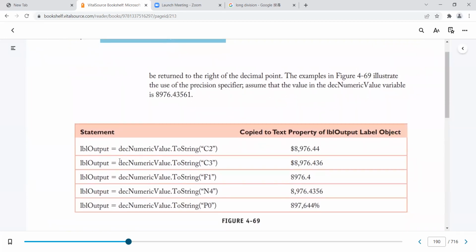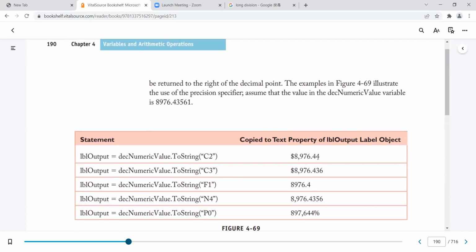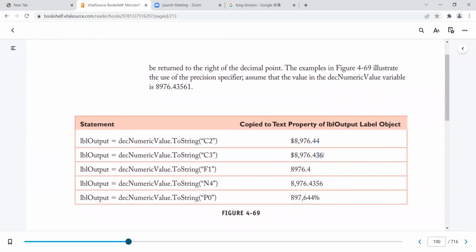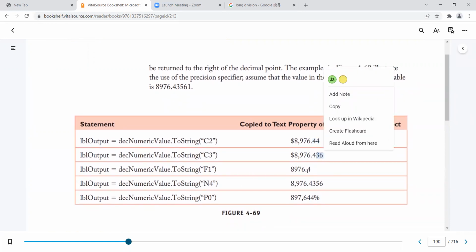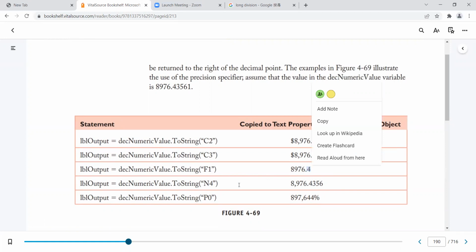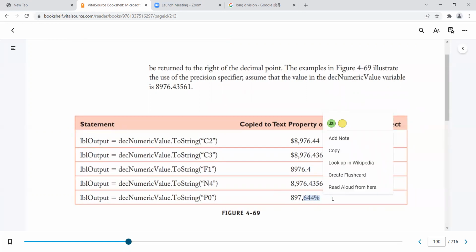See, LBL output decimal numeric value to string C2, which means after the decimal point I keep 2 digits, so you have .44. C3 is 3 digits, which is 436. F1 is 1 digit. N4 is numeric with 4 digits. 0 means you don't have any decimal points. So 0 means, do you want to keep any number after the decimal point? Which is no, right here.